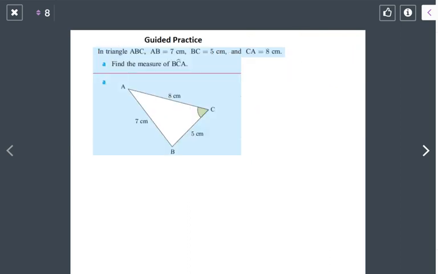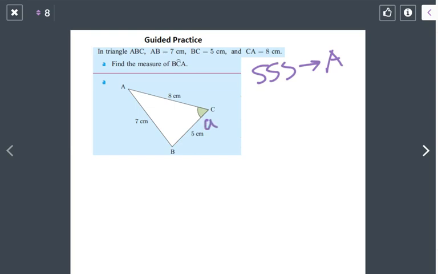Let's go to the second guided practice now. We know two sides, and we're looking for the angle. Definitely, we need to use cosine law. So we label the side opposite angle A as a.